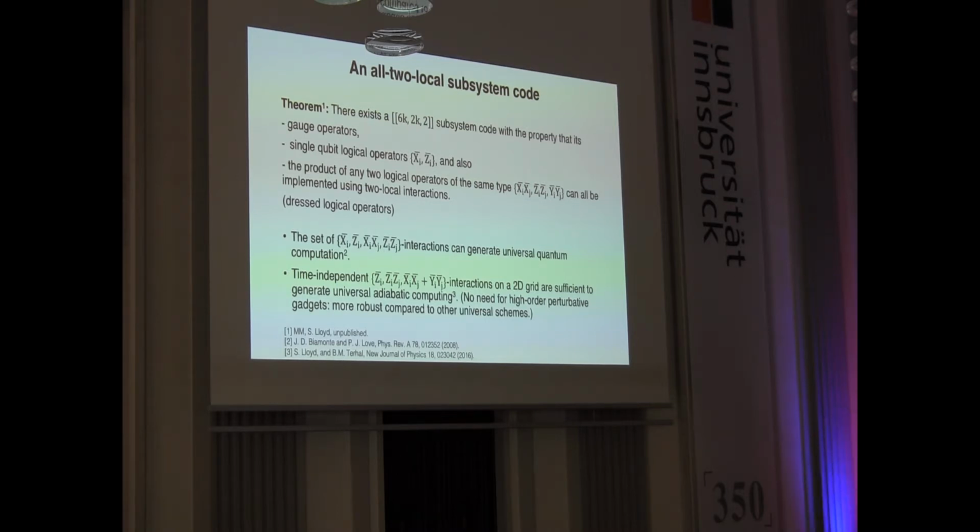But if we don't like perturbative gadgets, there's the construction by Seth Lloyd and Barbara Terhal, which uses XX plus YY and ZZ and Z, and that's already universal for adiabatic quantum computation. This is basically the hopping term that we have there. So this set of interactions is enough for universality, and that's why I'm targeting it in this code.